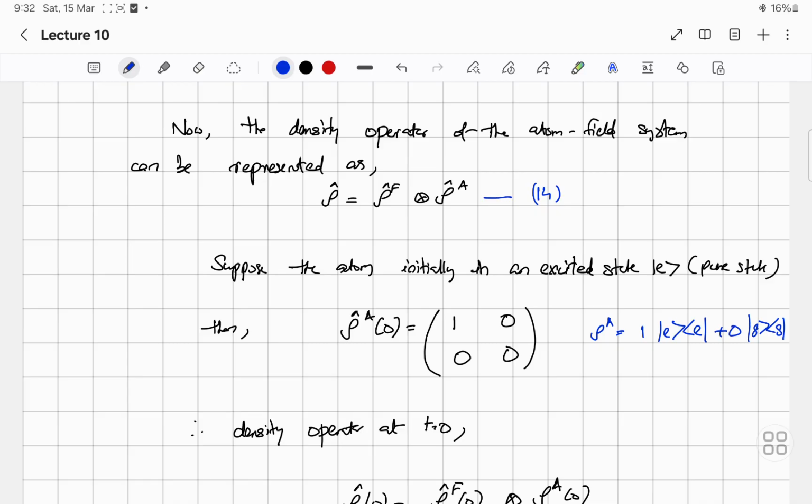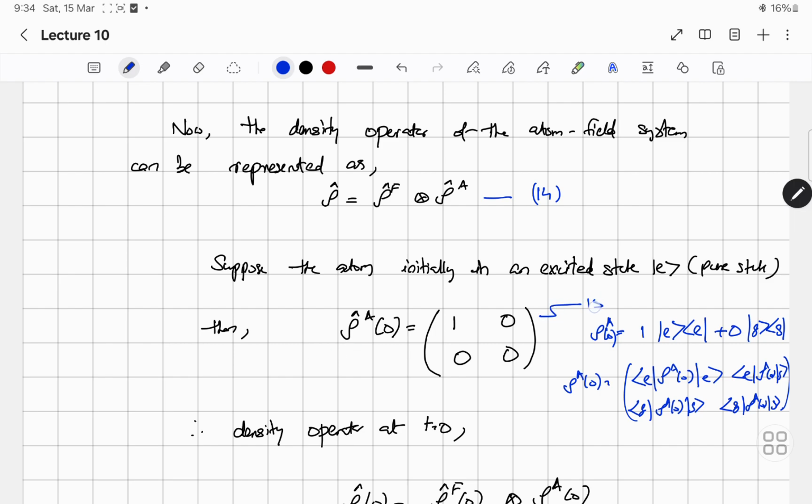So this matrix we can obtain at time 0: rho a of 0 is simply, using the same convention, ⟨e|ρa(0)|e⟩, ⟨e|ρa(0)|g⟩, ⟨g|ρa(0)|e⟩, and finally ⟨g|ρa(0)|g⟩. So this is the convention, and using this convention we have obtained this matrix, so let this be my equation number 15.